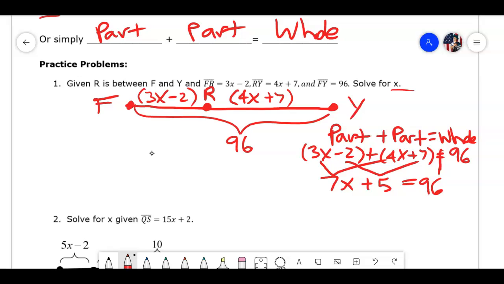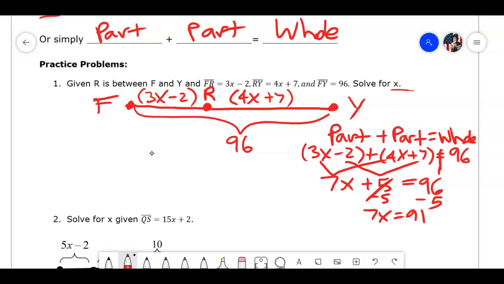So we get rid of the loner, the plus 5, by doing the opposite. What's the opposite of plus 5? You want to put minus 5 underneath that plus 5, right? So let's write that down. Minus 5, minus 5. Bring down 7x, and 96 minus 5, 91, okay?